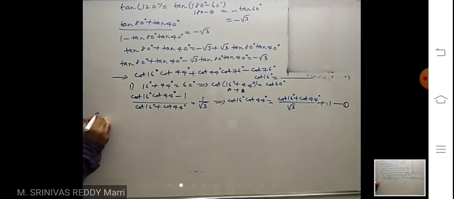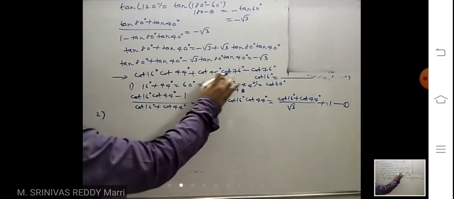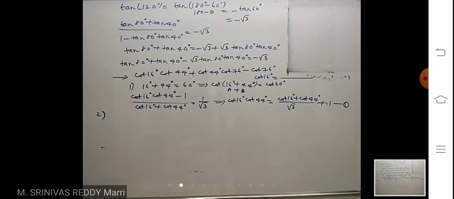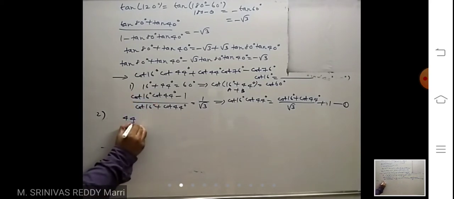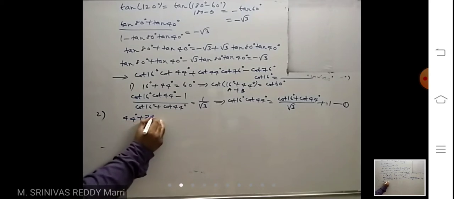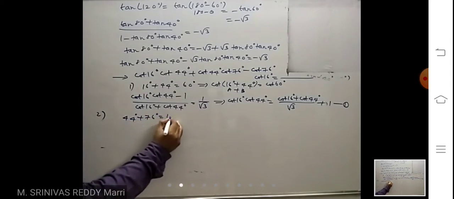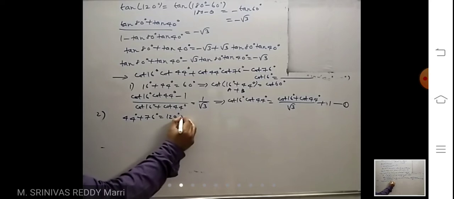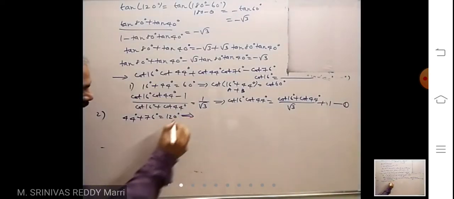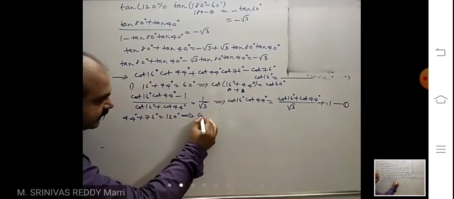Now second. If you observe here, 76 plus 44 is again 120. That angle also I know, it is nothing but 120 degree. Now apply cot on both sides.